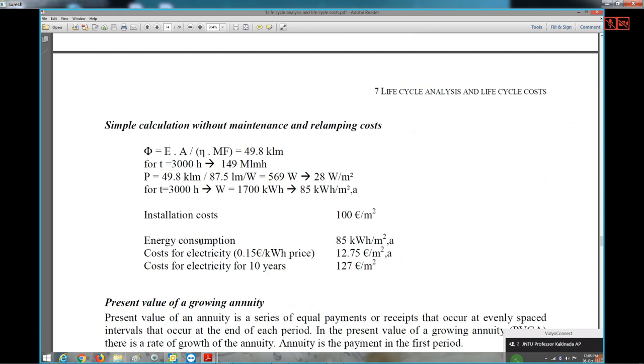Then for 10 years of utilization of this lamp, the total cost of electricity is 127 pounds per square meter. Like that, we can calculate the maintenance as well as the re-lamping costs by these methods.